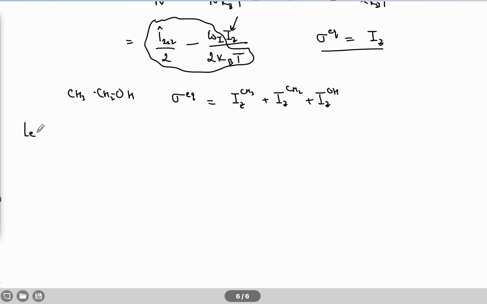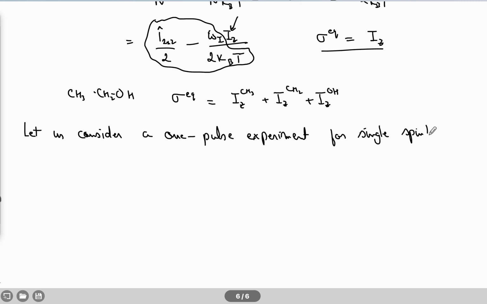So let us consider a one pulse experiment for a single spin half system. We are only considering the thermal equilibrium density operator.